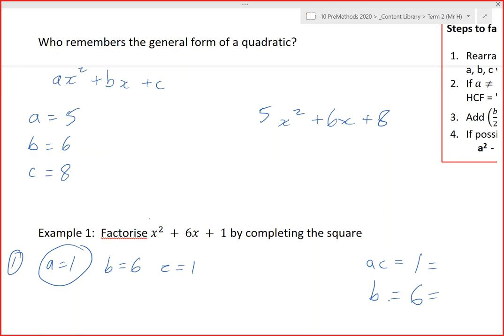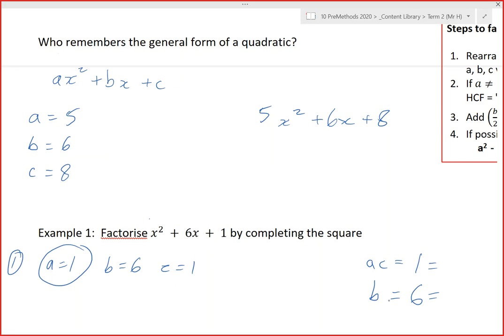We can't think of any factors of 1 that add to get to 6. So we can't do our normal factorizing of a quadratic. So this is where completing the square comes in. If we can't find any factors, this is what we do.